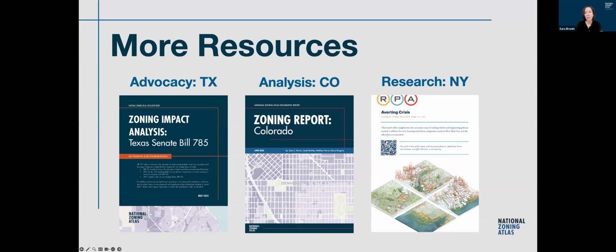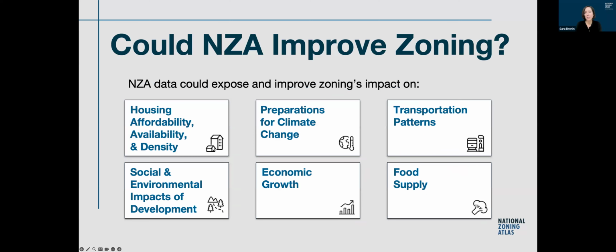And on the next slide, all of these subject matter areas are areas that we hope the NZA can continue to inform. So whether it's housing, climate change issues, transportation patterns, the social and environmental impacts of development, economic growth, top of mind, I know, for many, and our food supply. So inviting you to use the National Zoning Atlas, share what you find.